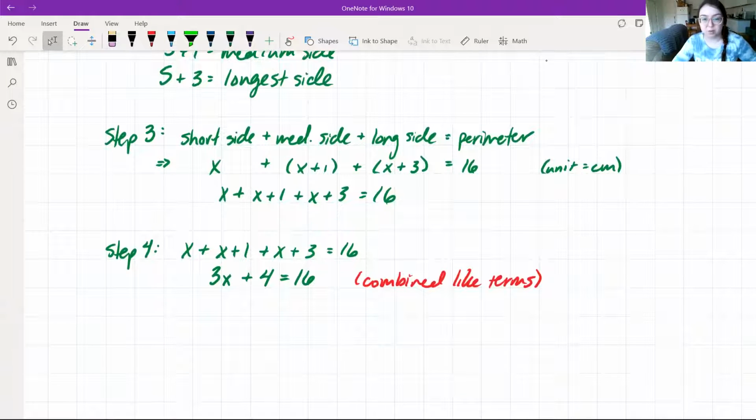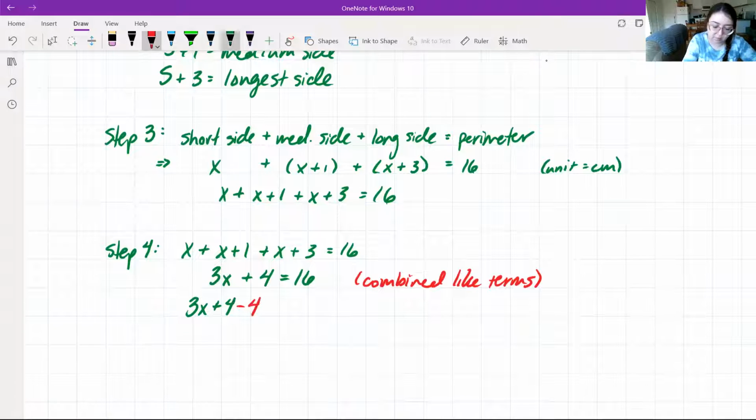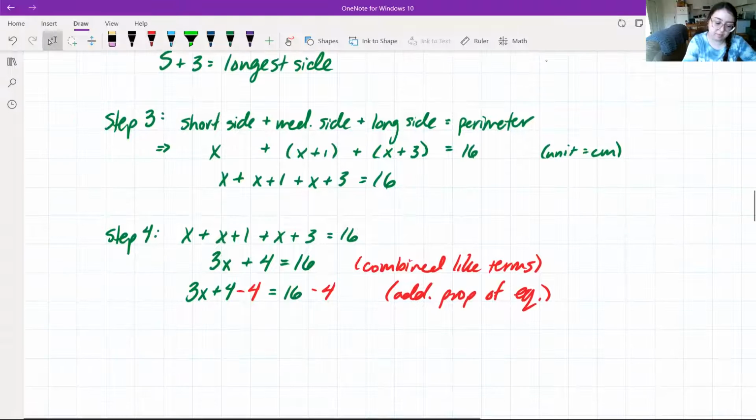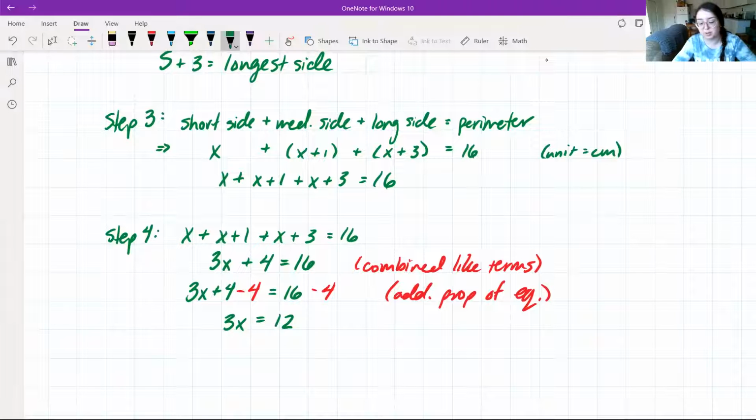Now we can use our addition property of equality and subtract 4 from both sides to isolate our x term. So we get 3x plus 4 minus 4 is equal to 16 minus 4. And this is our addition property of equality. Simplifying this, we get 3x is equal to 12. 16 minus 4 is 12.